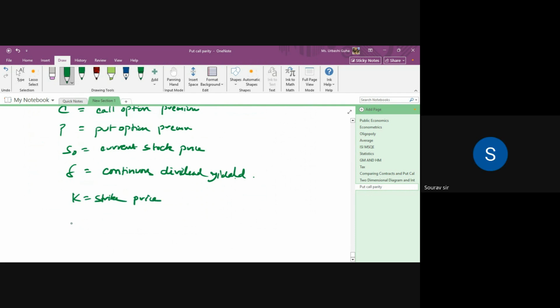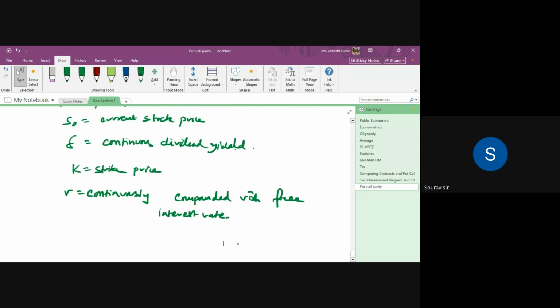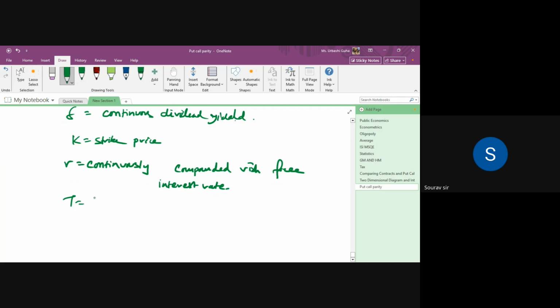R is the continuously compounded risk-free interest rate. And what is T? Time to maturity.